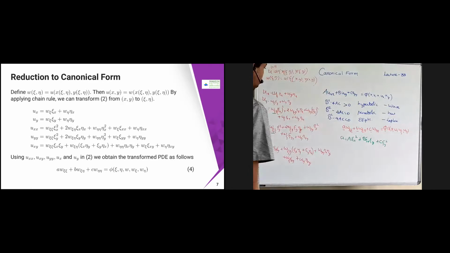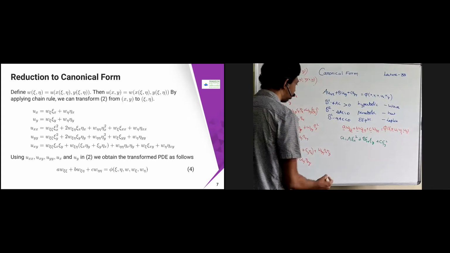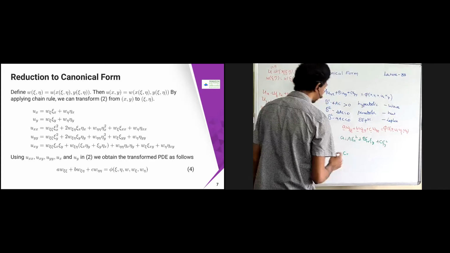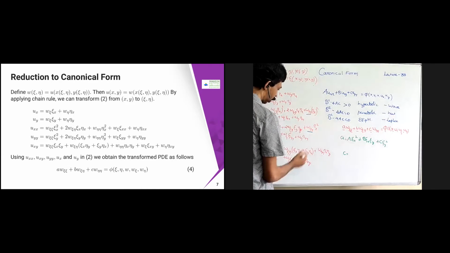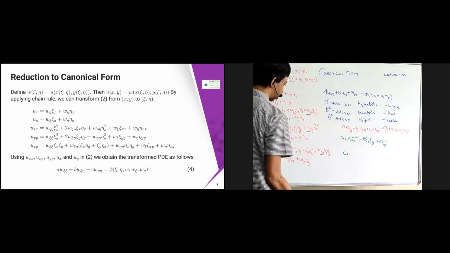So this is nothing but a, and c also I can write in a similar way. We can just immediately guess that. So that is also going to become the same, because I have here one, and here one. Therefore, you can guess it immediately.